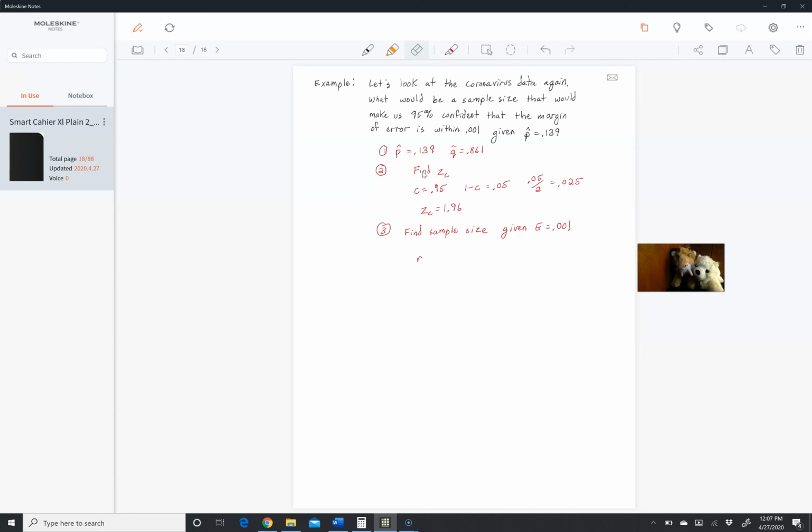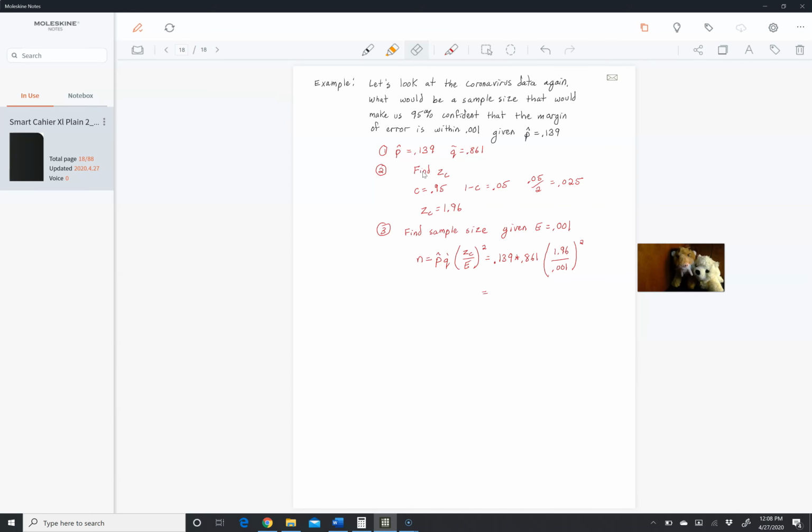So using the formula that we just came up with, n equals p hat q hat times z sub c over e, squared, we're going to say n is equal to 0.139 times 0.861 times 1.96 over 0.001 squared.